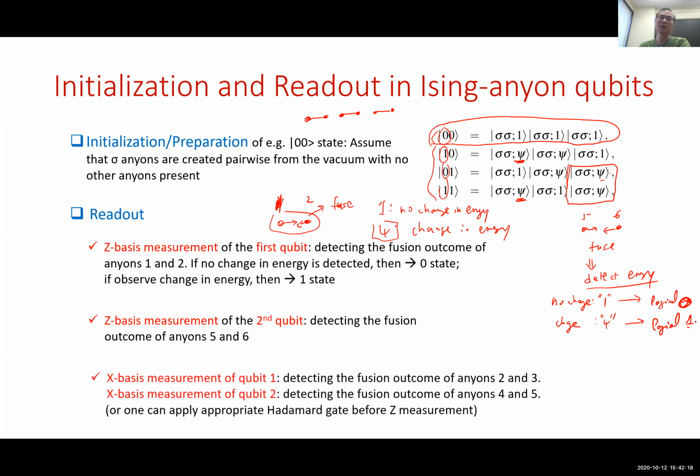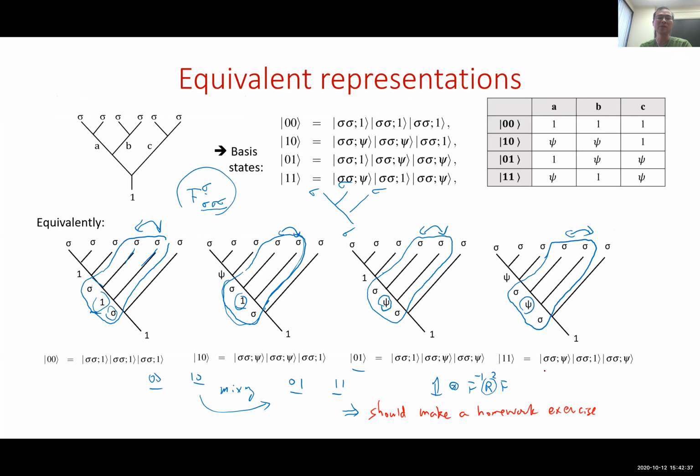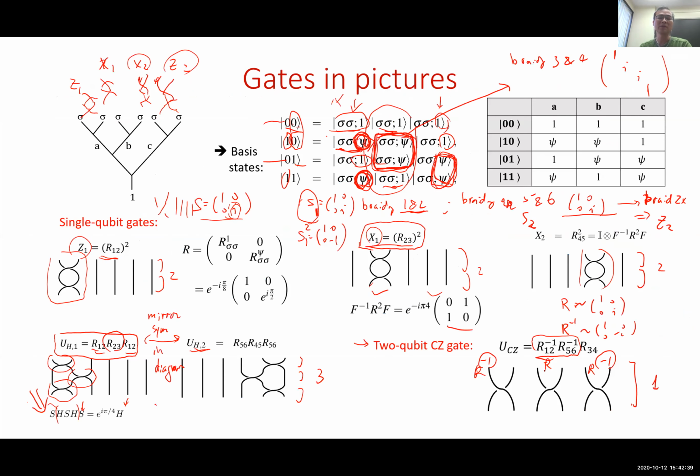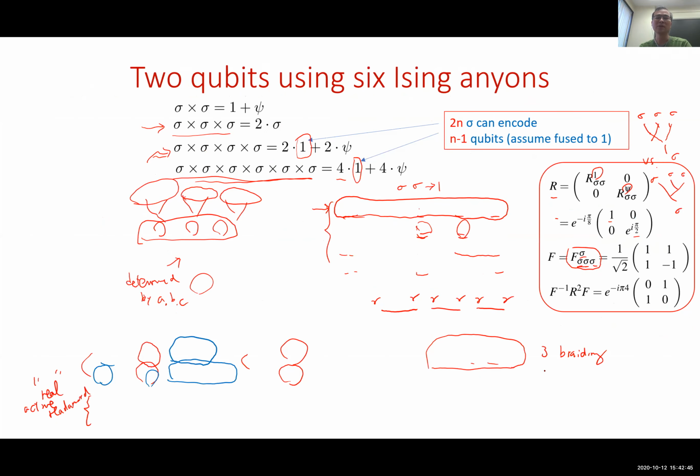Okay, you could also measure the X basis. In this case, you could do the detection by fusing 2 and 3. We call that, this is a sort of a basis transformation of F that would transform into the conjugate basis.